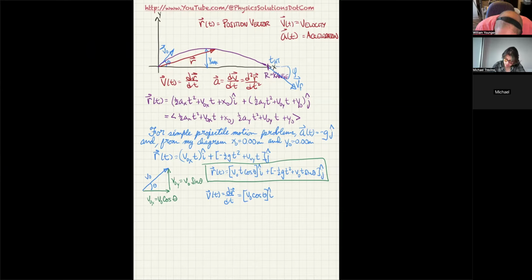The derivative of negative 1/2 gt squared plus v0t sine theta with respect to t is going to be equal to negative gt plus v0 sine theta. And that is in the j hat direction.